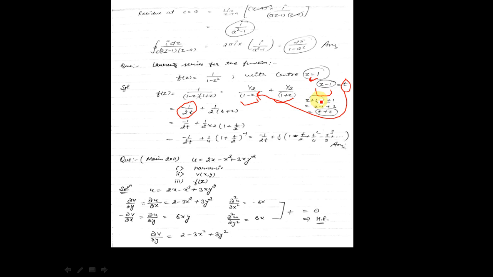So z minus 1 becomes t, and the denominator becomes t plus 2. This is minus 1 by 2t and 1 by 2; we take the 2 common, so this becomes 1 plus t by 2, and when it goes to the numerator, the power becomes minus 1.